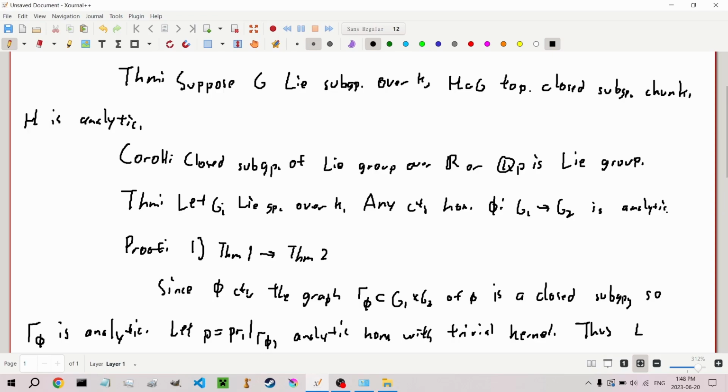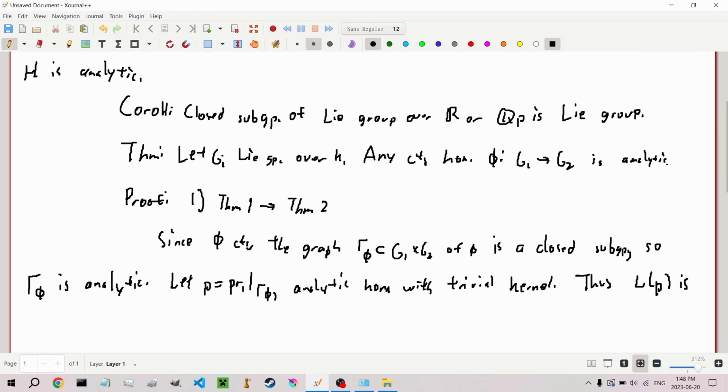Thus, its algebra version is injective, and we have that P is an immersion.